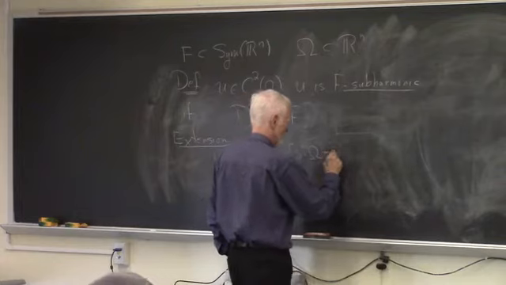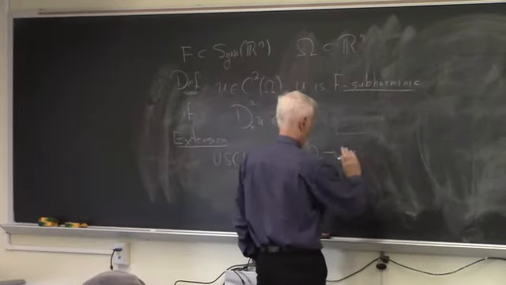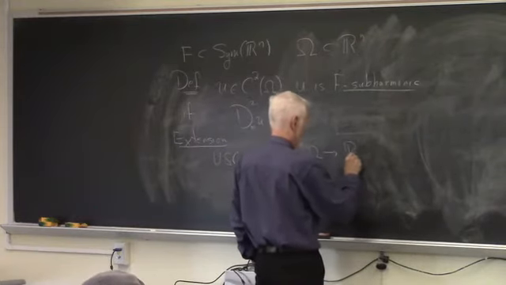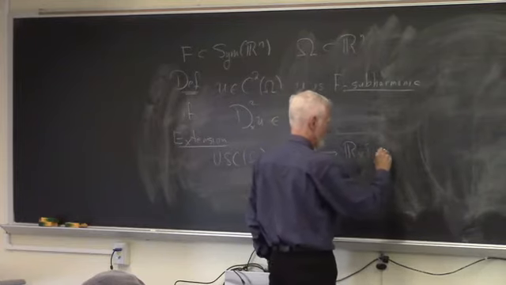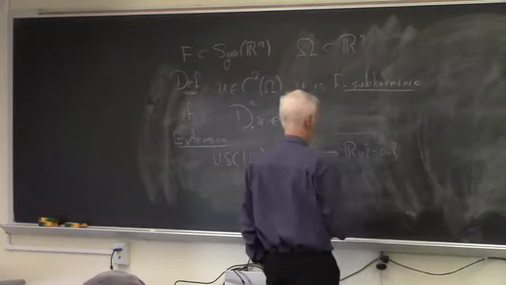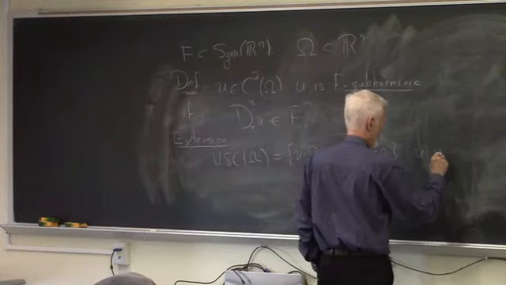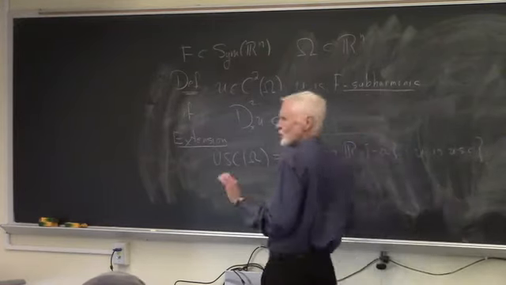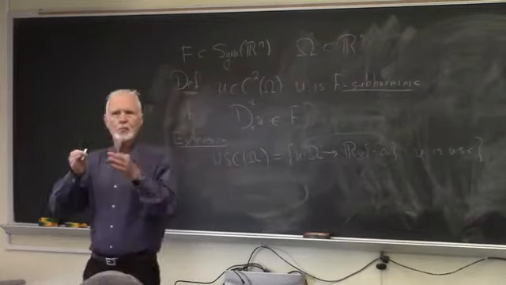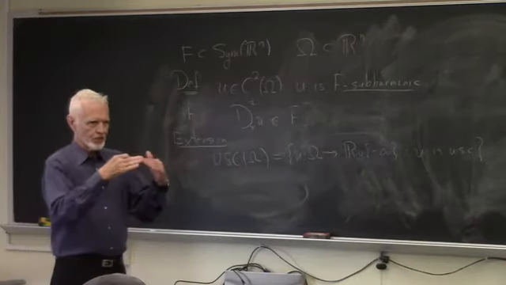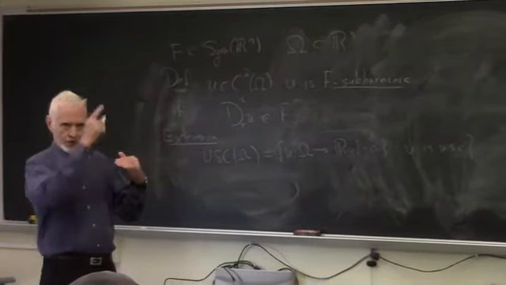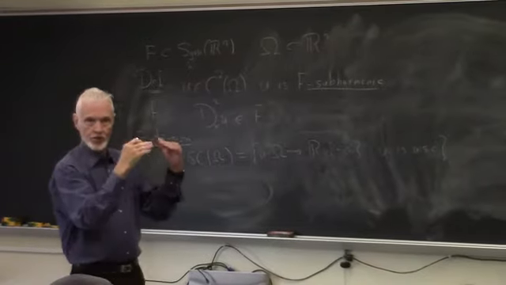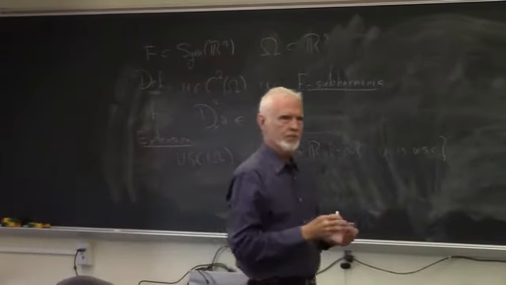So this is a map into the real numbers union minus infinity. u is upper semi-continuous. You remember, upper semi-continuous means jumping up continuous. You take the limsup as you go into the point, and the value has to be bigger than or equal to the limsup.